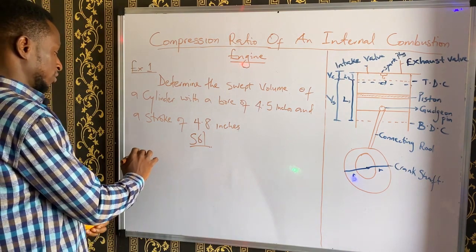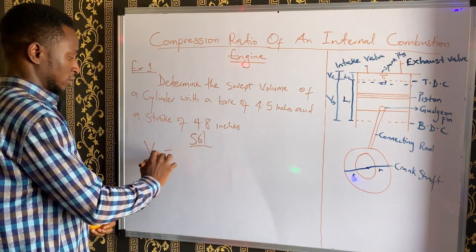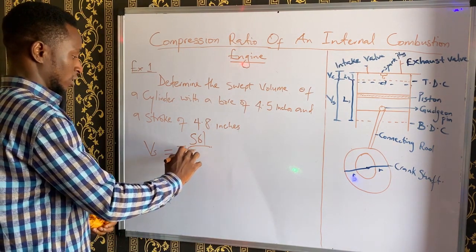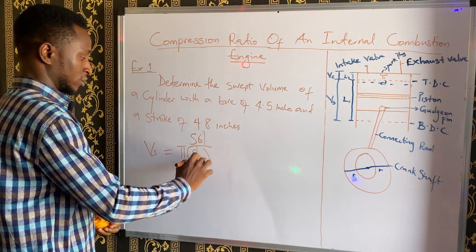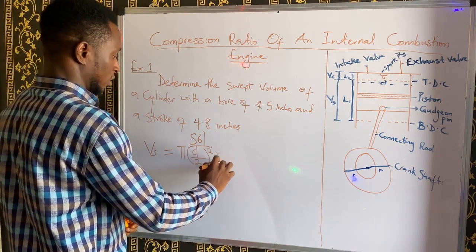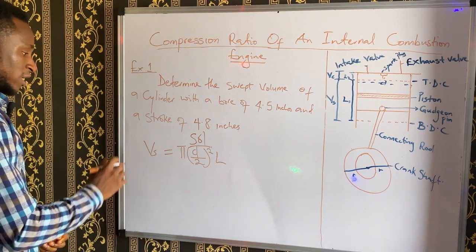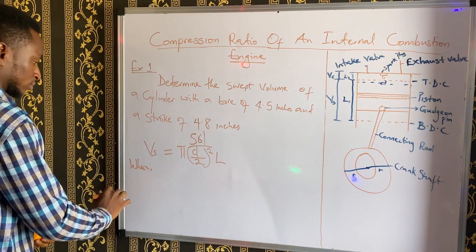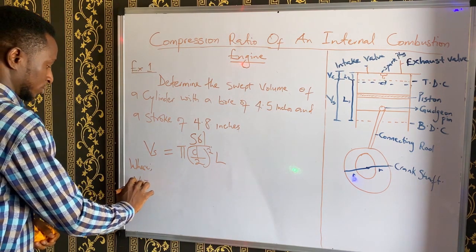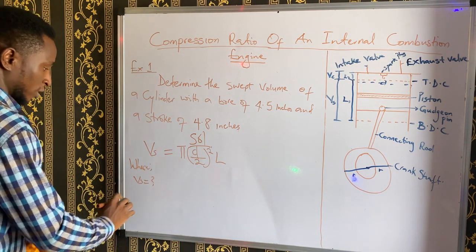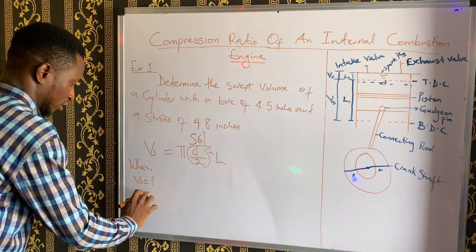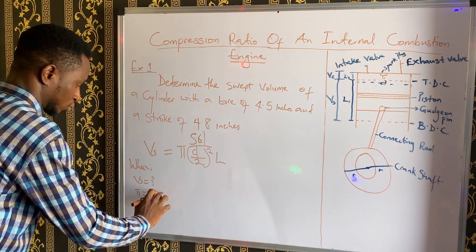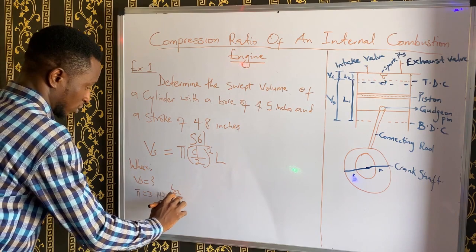Now remember that our swept volume, Vs, equals pi times the bracket of the diameter squared times the stroke length. So let's bring out our parameters. Our swept volume is unknown. Our pi equals 3.142, or 22/7.